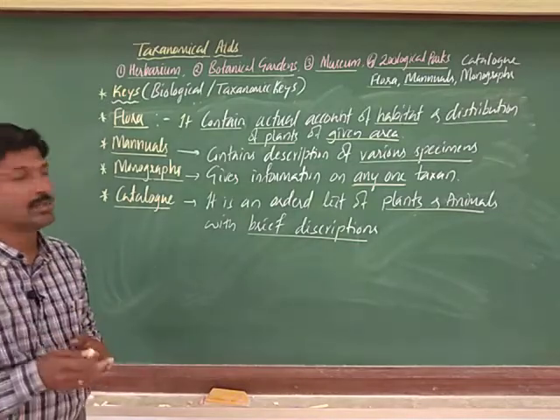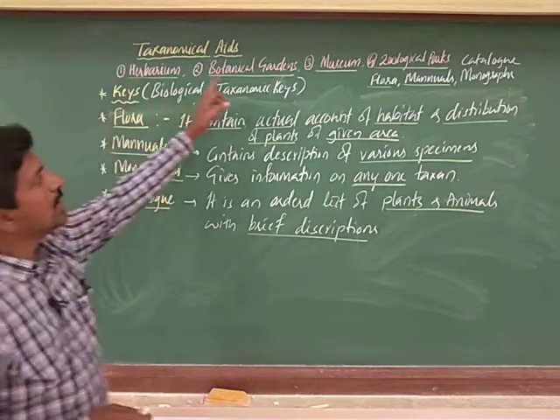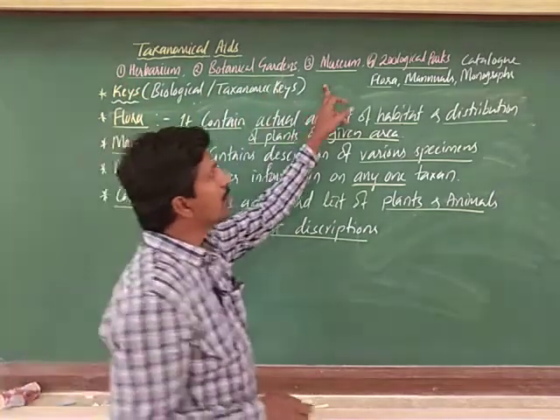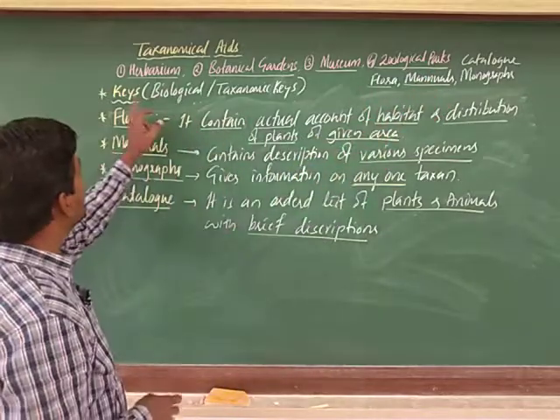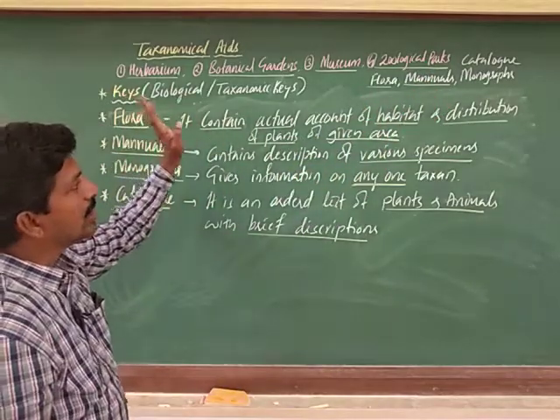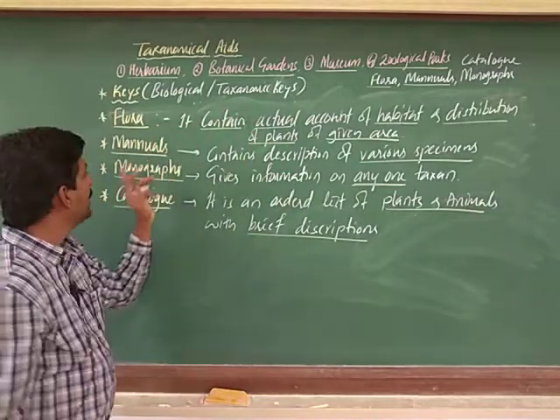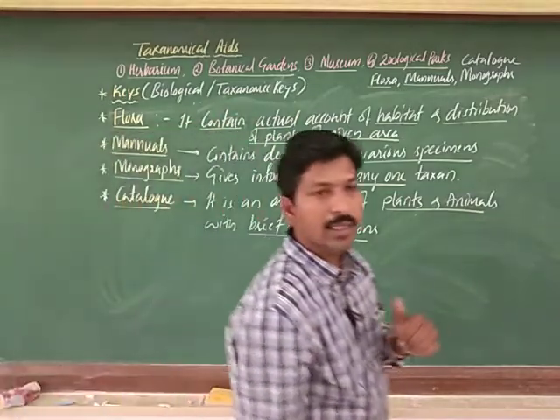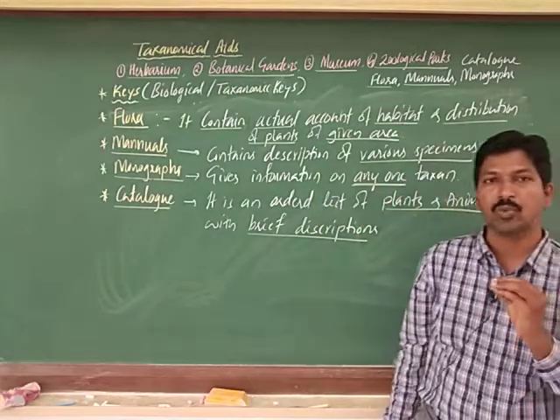See here, the herbarium, botanical garden, museum, zoological park, and next biological keys or taxonomical keys, flora, manuals, monographs and catalog. These are all considered as taxonomical tools.